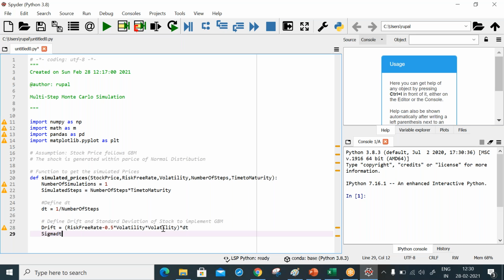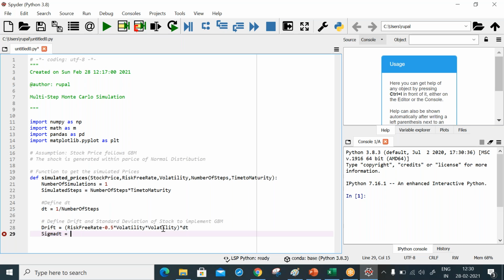What is our sigma dt? I have written it as sigma dt because sigma is equal to volatility. But here we are going to take it only for the square root of dt period of time. We are not going to take it for the whole term. So volatility is like 7%, for example. If it is 7%, it is for all across the period. But here we are taking it only for the small dt period.